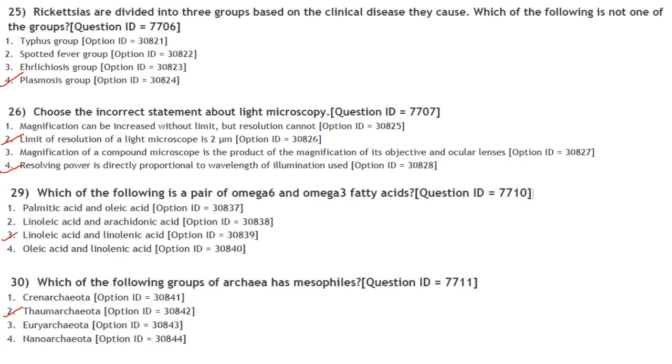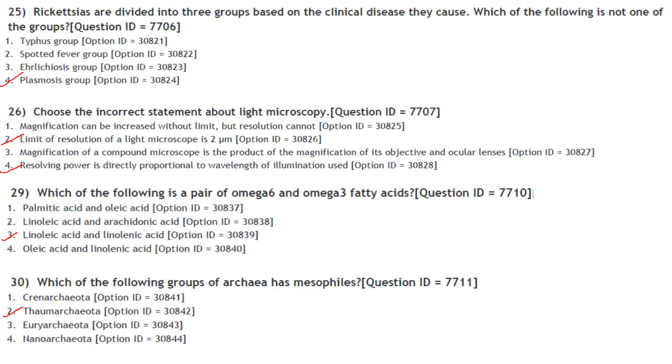Resolving power is directly proportional to the wavelength of illumination used. Resolving power is inversely proportional to the wavelength of illumination used, and the limit of resolution of a light microscope is 2 micrometers. These are the incorrect statements. So in the answer key only 2 is given as the answer, but as per me 4 is also an answer.